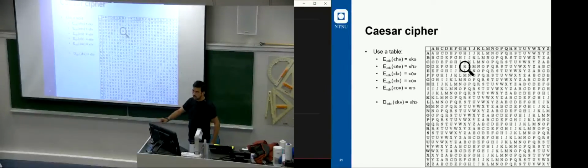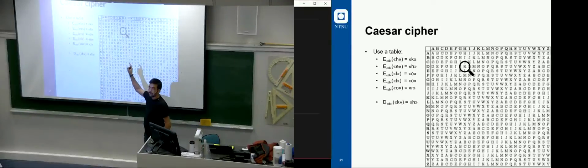If you take the same key, that is D, from the leftmost column, which is the key column, and take the ciphertext K, reach to the K, because these are all ciphertext characters, and see at the top which plain text character it is.